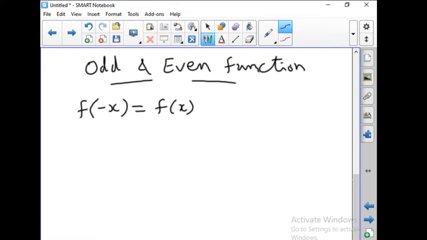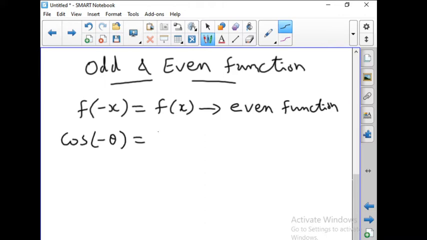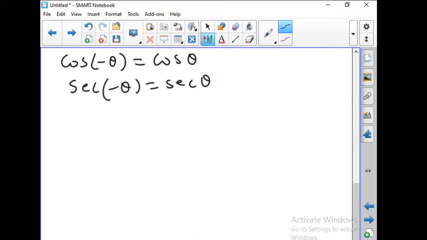For example, cos of minus theta is cos theta, so cos theta is an even function. What about secant theta? Secant of minus theta is also secant theta. Therefore, these are called even functions.